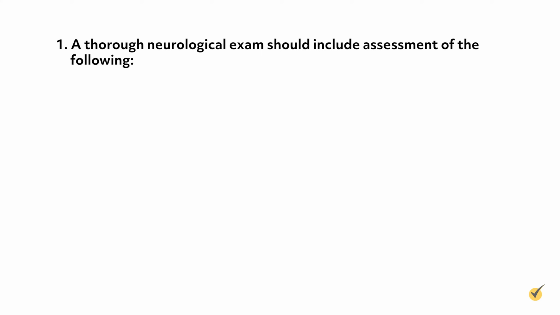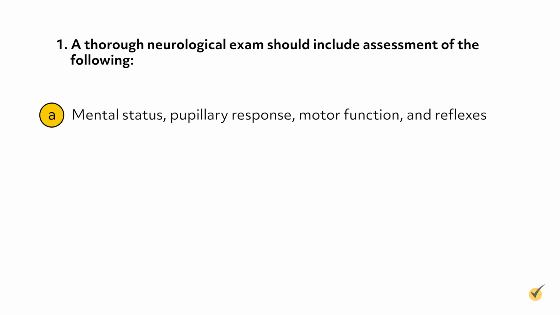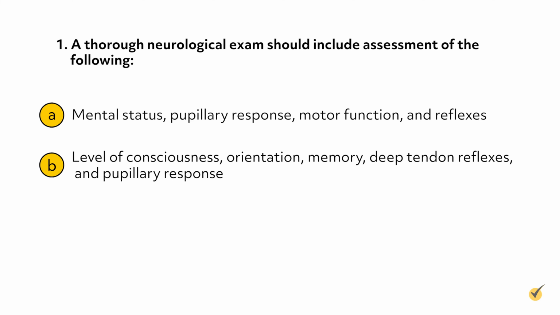Now let's look at some review questions about the neurological assessment. Number 1. A thorough neurological exam should include assessment of the following: A. Mental status, pupillary response, motor function, and reflexes. B. Level of consciousness, orientation, memory, deep tendon reflexes, and pupillary response.